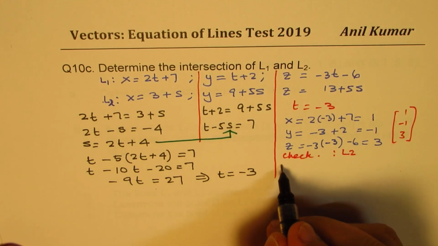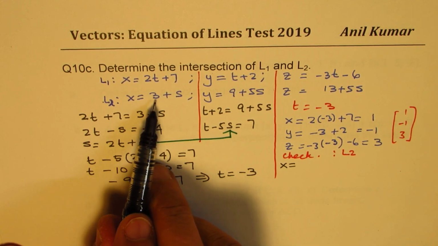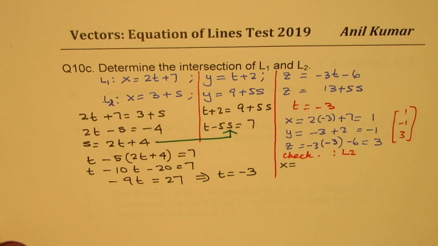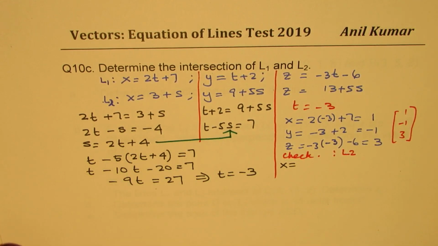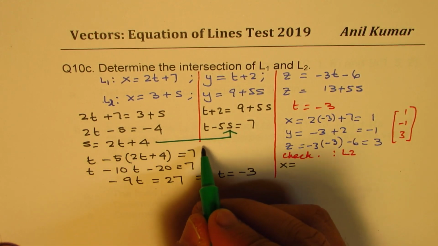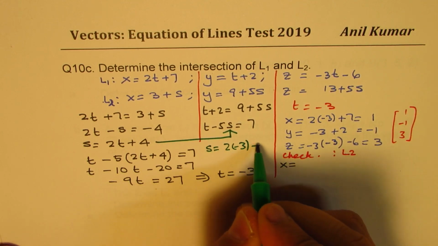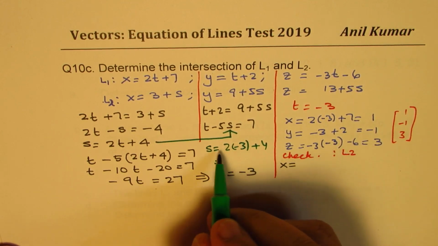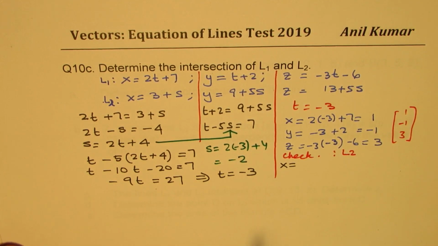We have actually found t, so that is fine. To find s, s is 2t plus 4, so s equals 2 times minus 3 plus 4, which is minus 6 plus 4, which is minus 2. So s is minus 2 for us.